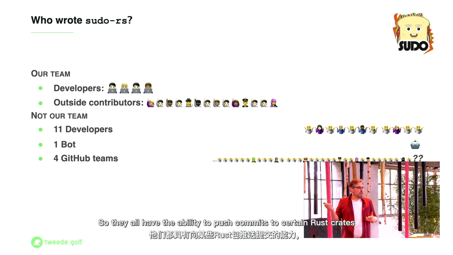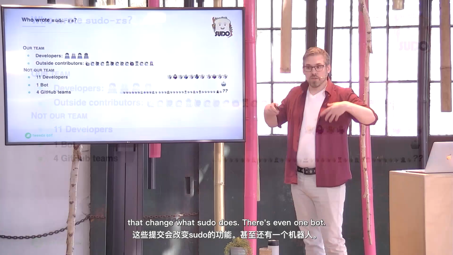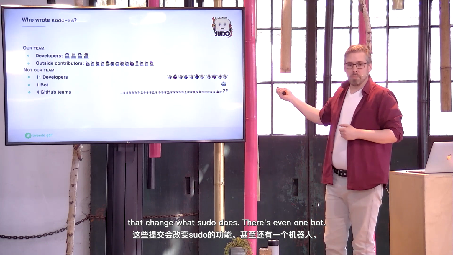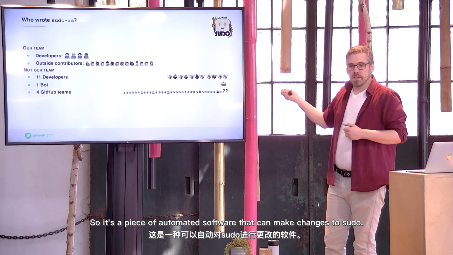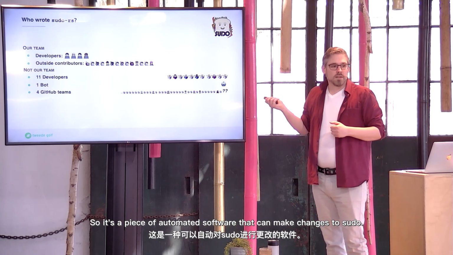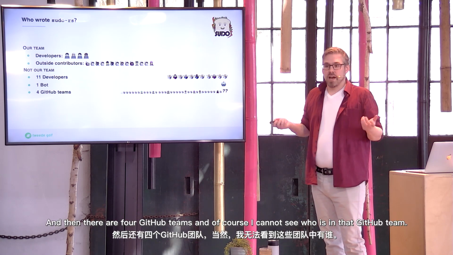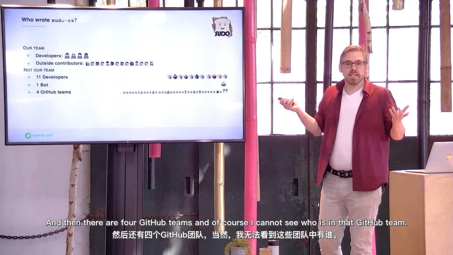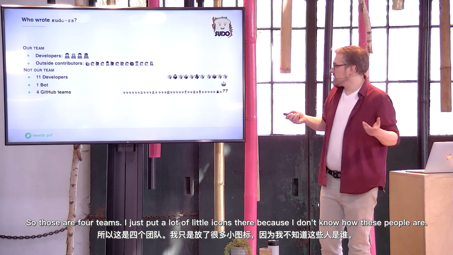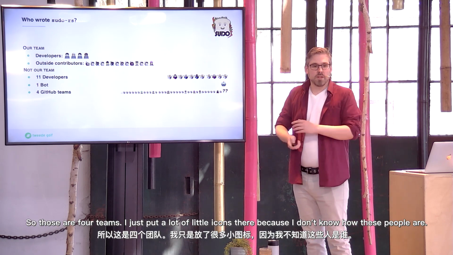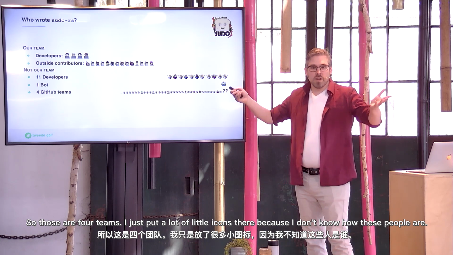They all have the ability to push commits to certain Rust crates that change what sudo does. There's even one bot, a piece of automated software that can make changes to sudo. And then there are 4 GitHub teams, and of course I cannot see who is in those GitHub teams. So those are 4 teams. I just put a lot of little icons there because I don't know who these people are.